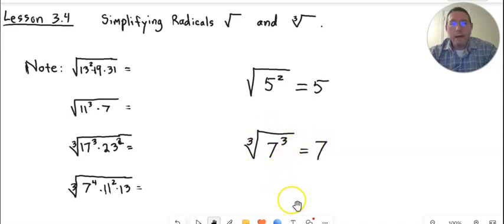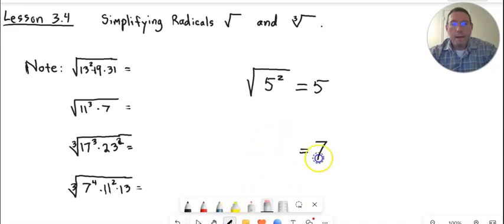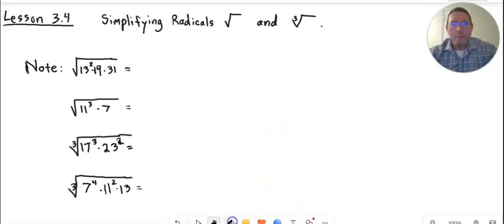With that in mind, I want to take that idea a little bit further, and let me erase this here and do a few other examples. What we have here is the square root of 13 squared times 19 times 31. The 19 is not squared and is a prime number. 31 is also prime and not squared.